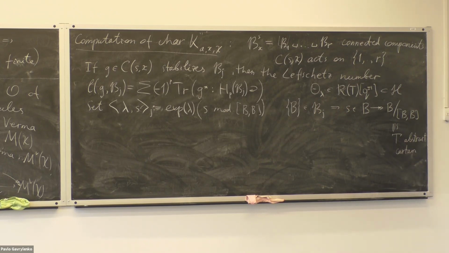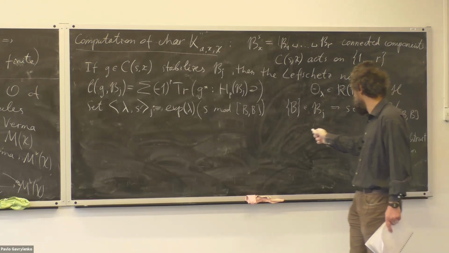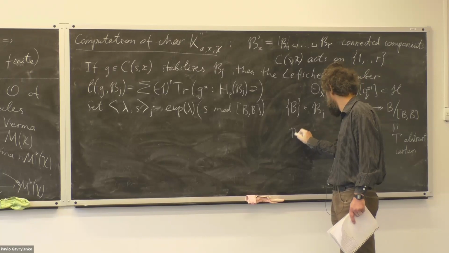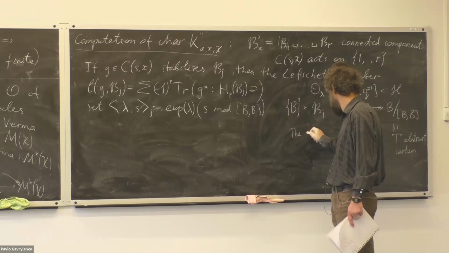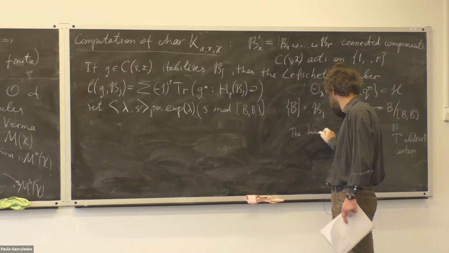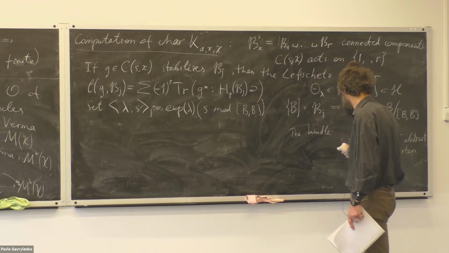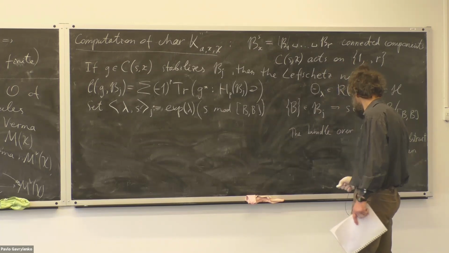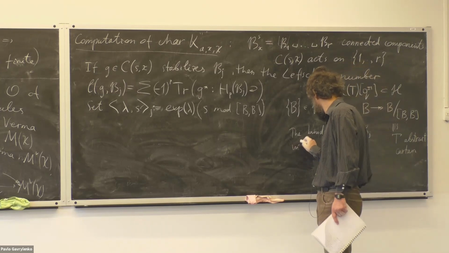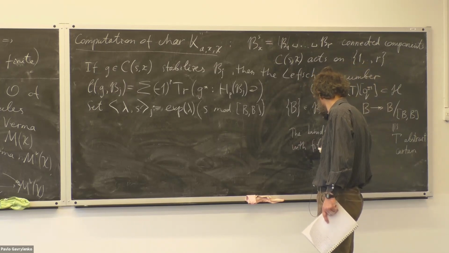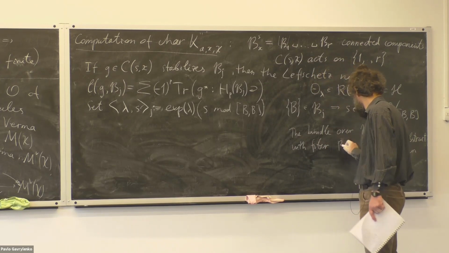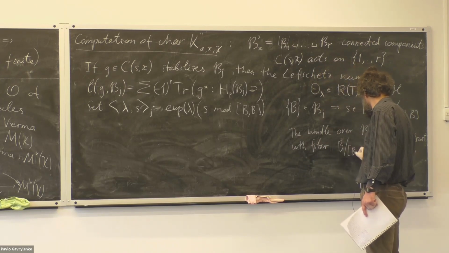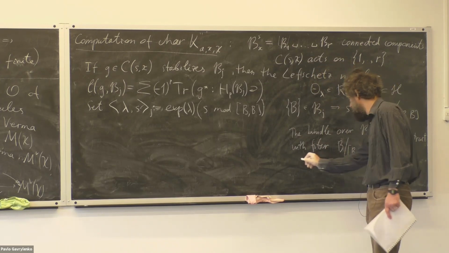Okay, and what do I mean by this? I just mean that the bundle over Bj with the fiber B modulo its commutant is trivial.